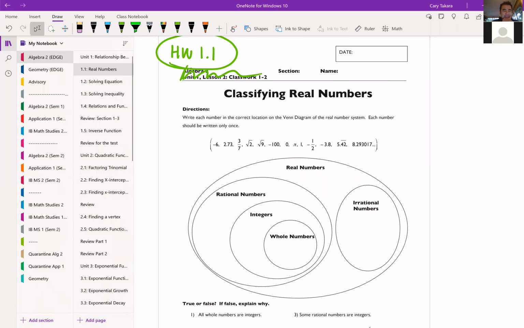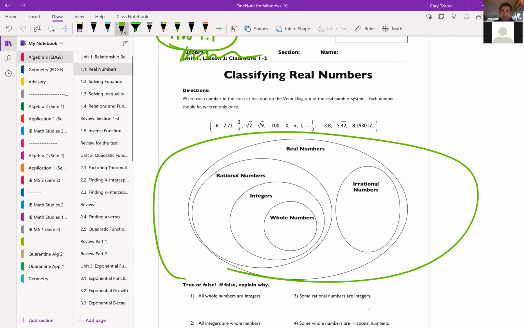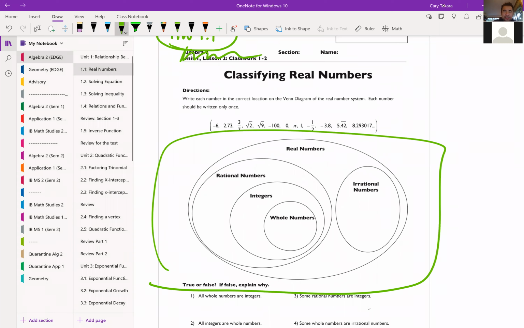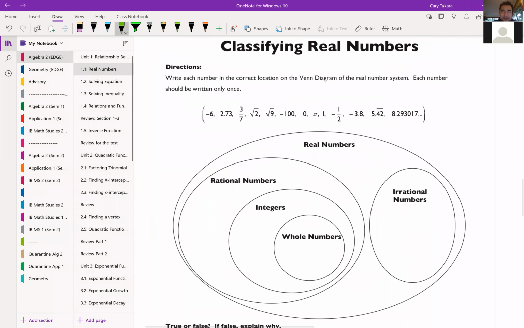All right. Are you guys ready? Let's, how do we do this? Do you guys want to just copy this diagram and let's place each number into this diagram? Okay. So first question, -6.